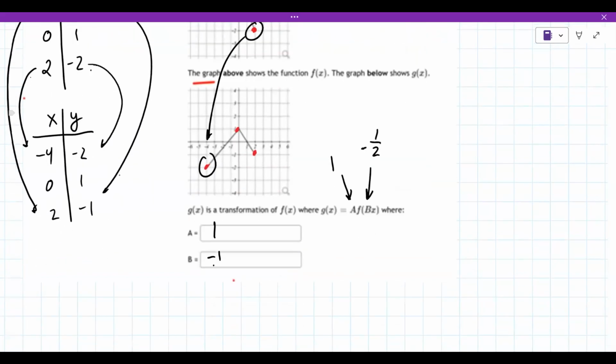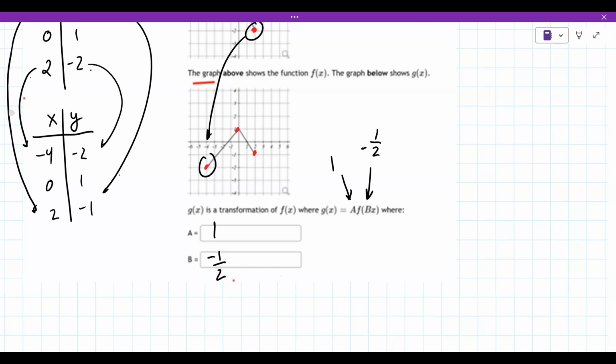I guess that's just what they're looking for here, a and b. Like -2 would be flipped over to -4, -2. All right.